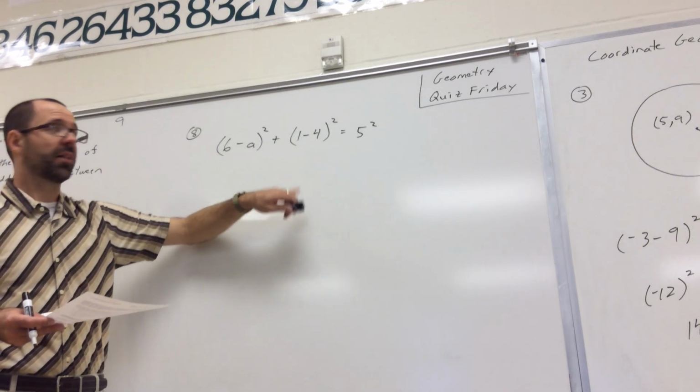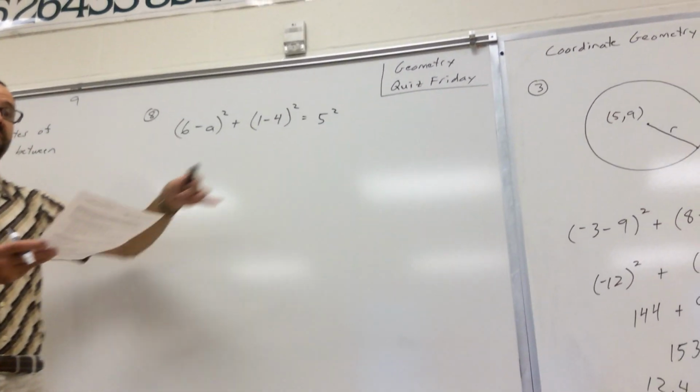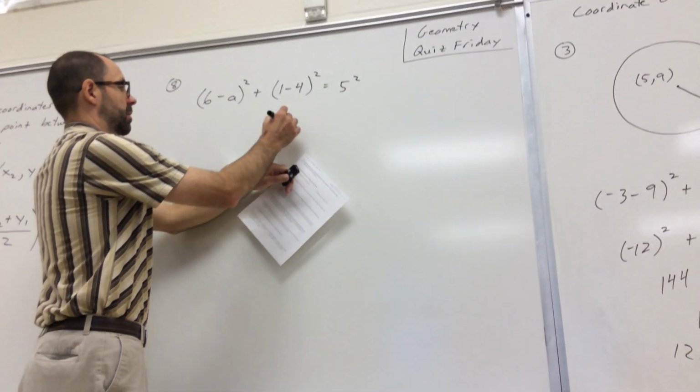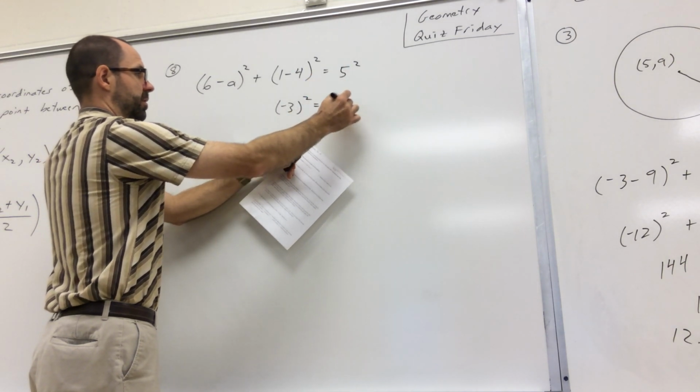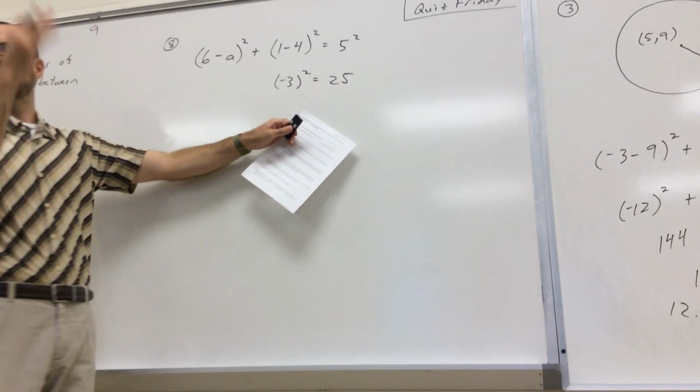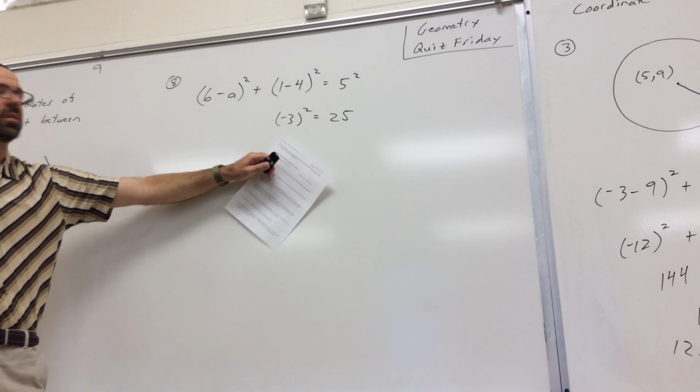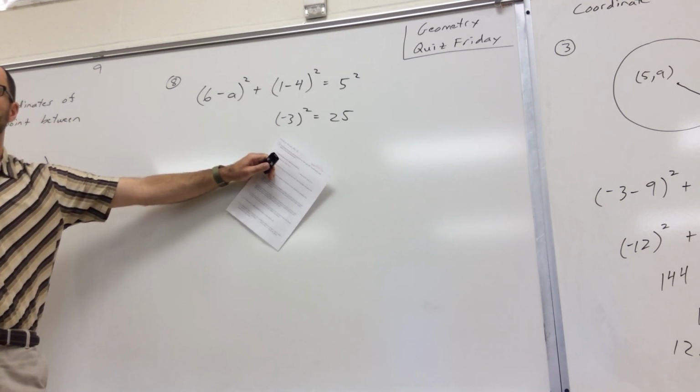So we're going to work our way down. 1 minus 4 is negative 3. 5 squared is 25. So I'm just trying to figure out what I can figure out. I can figure out 1 minus 4, and I can figure out 5 squared.